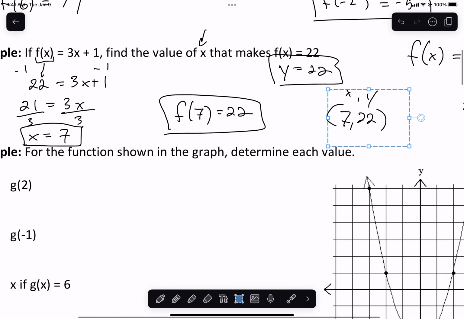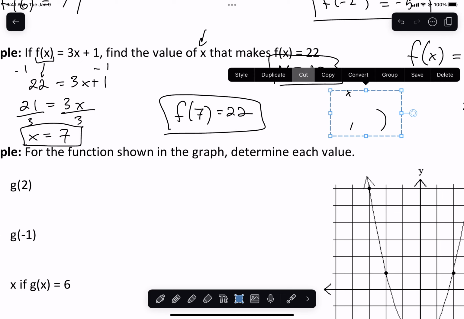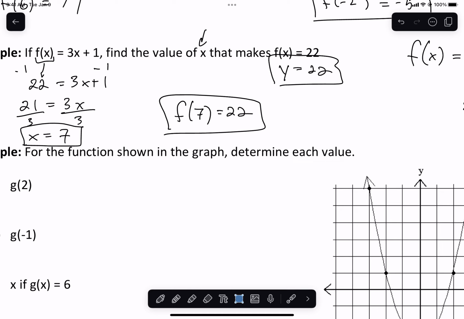But let's say I'm interested in how many days it took for the number of COVID cases to reach 22. Not 22, but 7. It took 7 days for the number of COVID cases to reach 22. See what I'm saying?